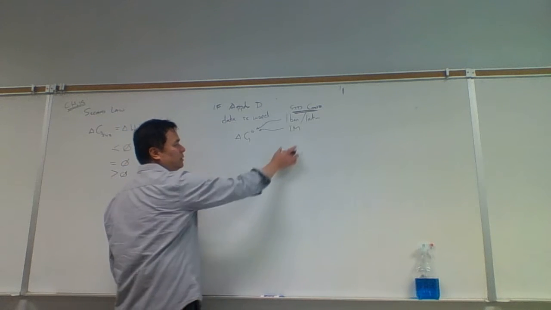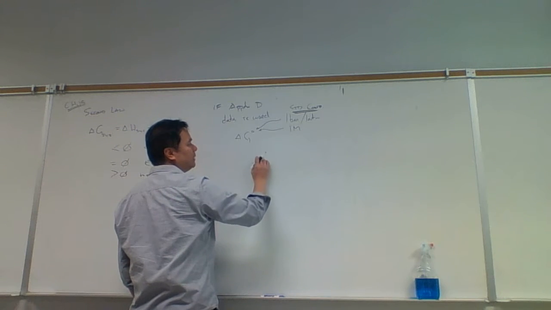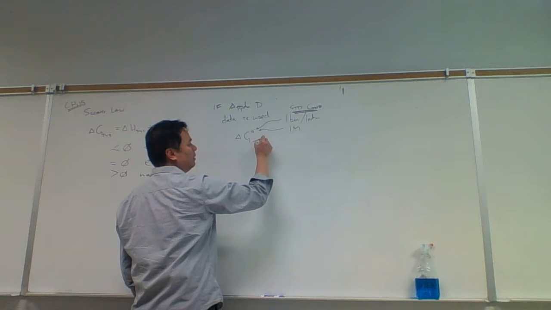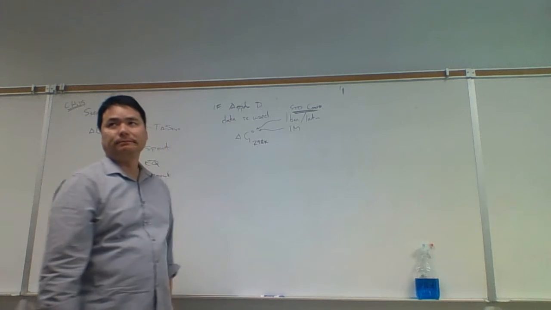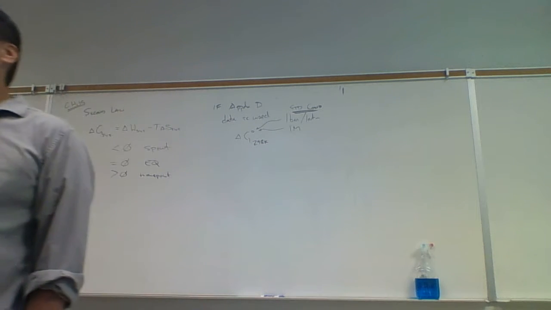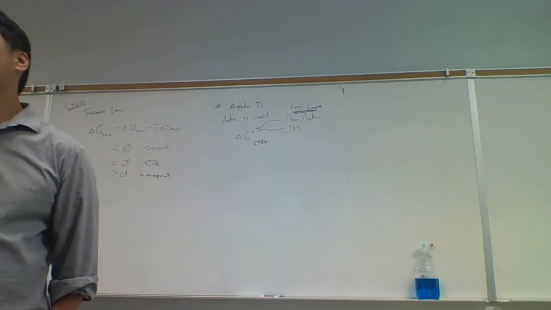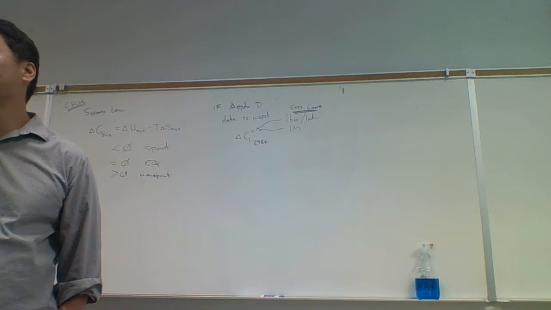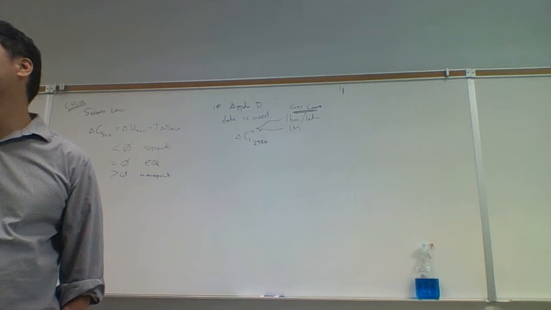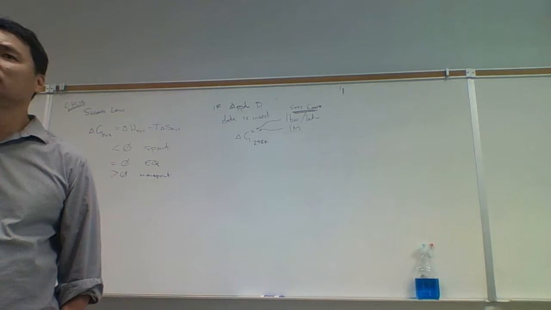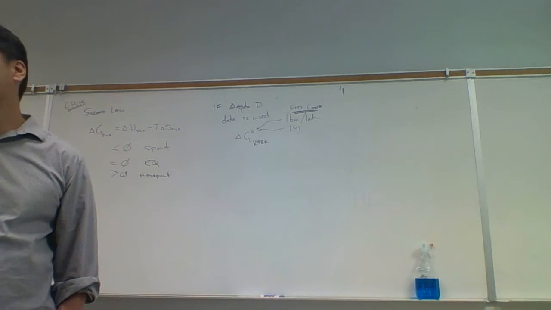Now, temperature you would think would be a standard condition, but it's not. Temperature is specified. And the reason for that is not everybody wants to do a chemical reaction at room temperature. Usually you heat it up, and sometimes you'll cool it down. But we do chemical reactions at different temperatures, so it makes no sense to have one fixed temperature.